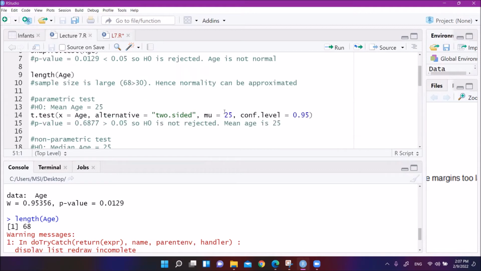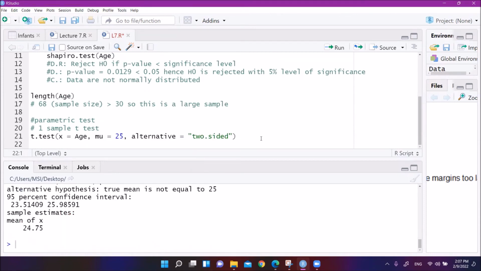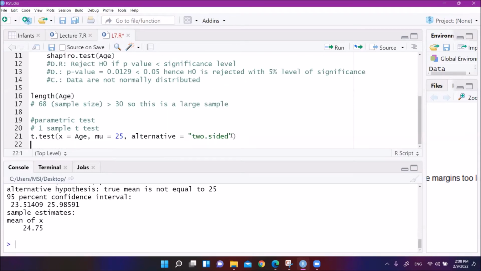Here you can either give the confidence level or not. If it is different from 95%, you can give it. So I'll just put this here. These are optional.